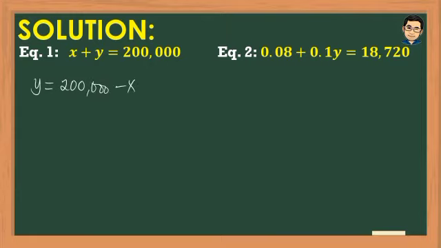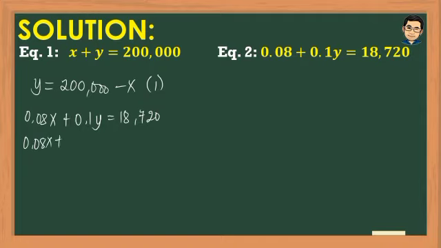And then, ito ang isa-substitute natin sa second equation, which is 0.08x plus 0.1y equals 18,720. So, let's substitute 0.08x plus 0.1 times y. So, yung y dito is 200,000 minus x equals 18,720.